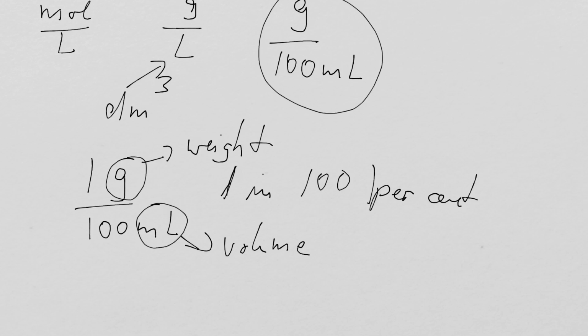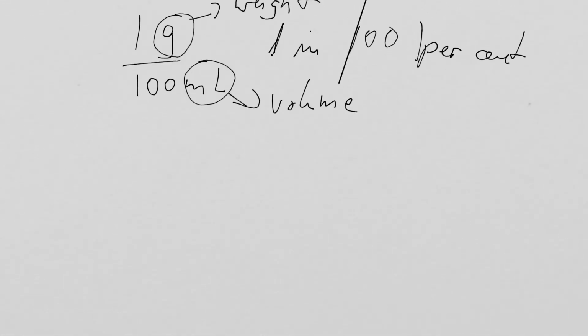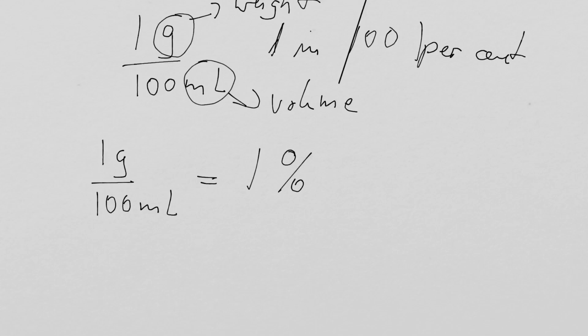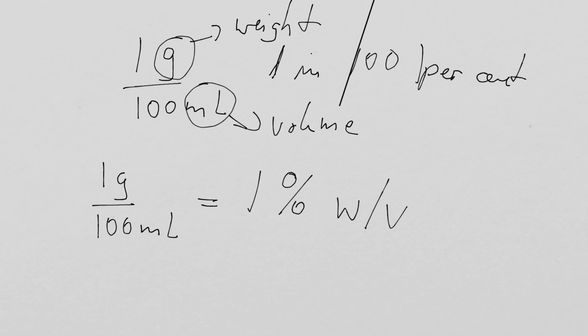We write 1 gram per 100 milliliter. We can write that as 1%, that's the percent sign, obviously, weight per volume. Does that make sense? Yeah?